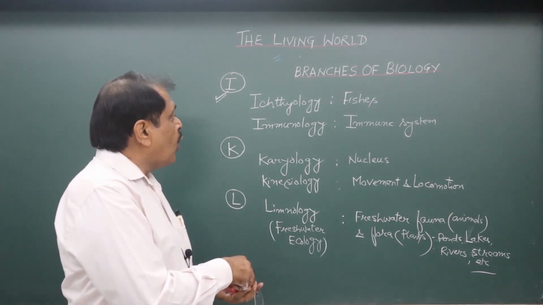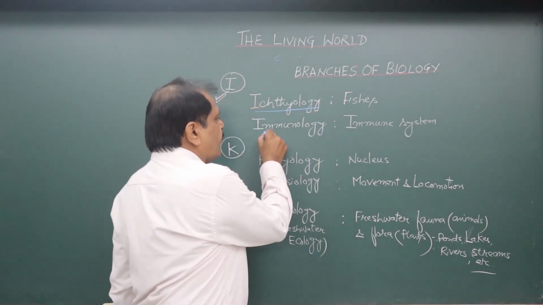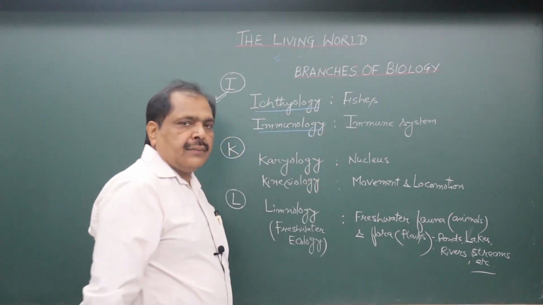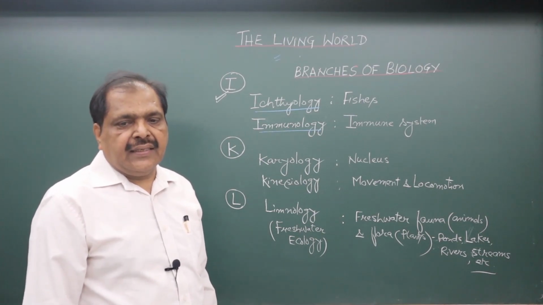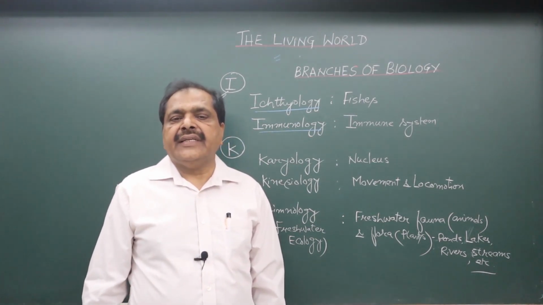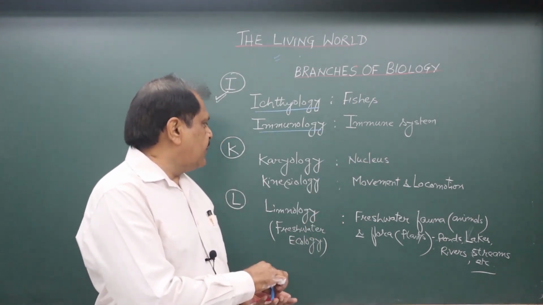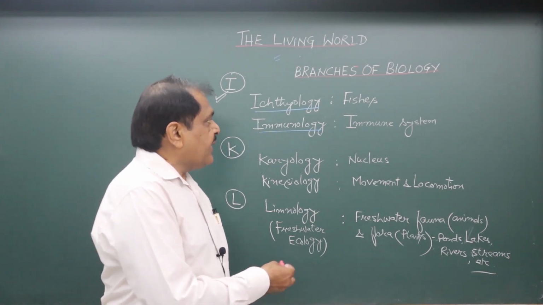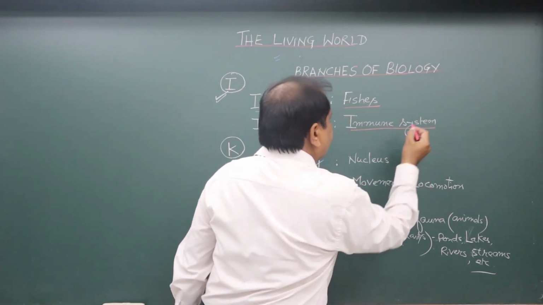Then it is immunology. It is the study of immune system in the body. That is immunity. It is the resistance to the disease. There is full detail in our syllabus about the immune system in the body.